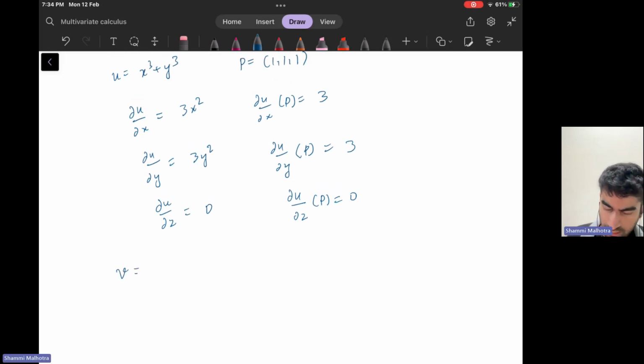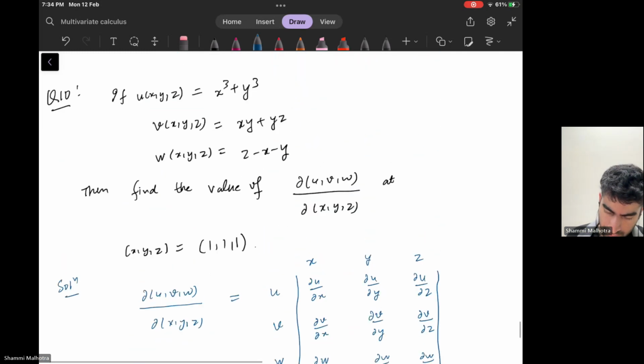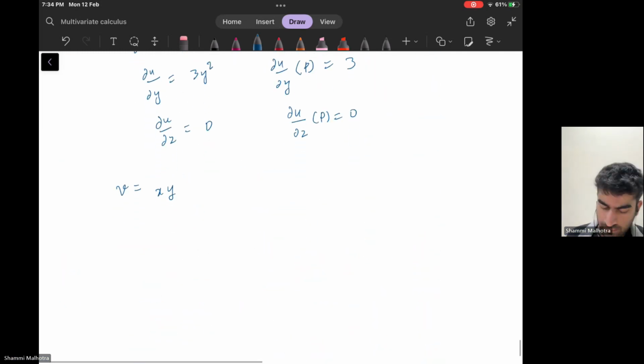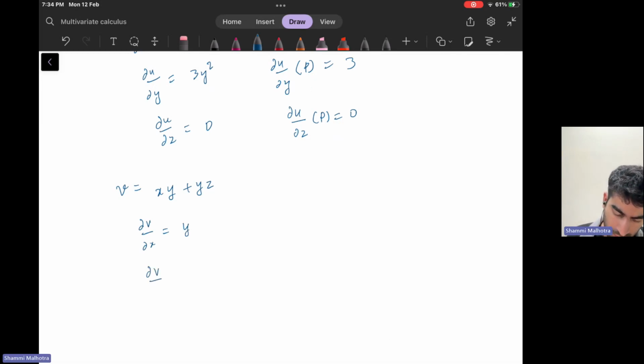Similarly, we have v given as xy plus yz. So del v by del x is y only. Del v by del y would be x plus z, and del v by del z is nothing but y.